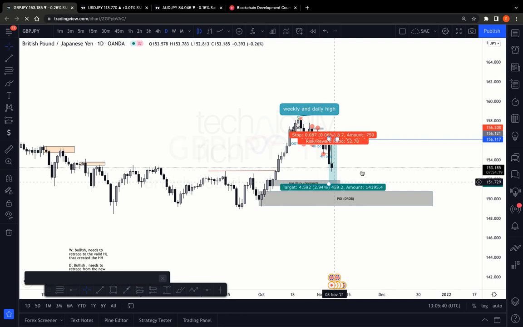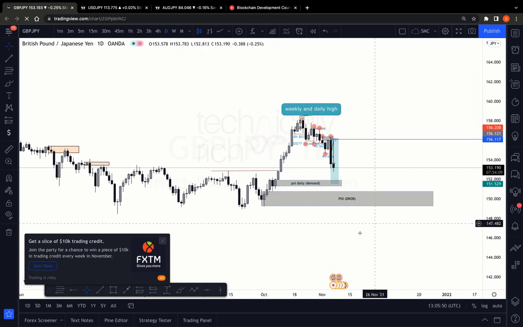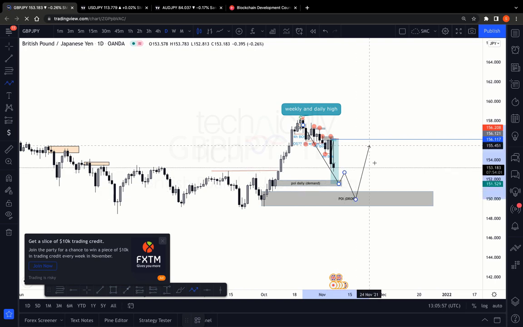Great. So you can choose to retrace to this area before continuing the movement up, right? Because there's a break of structure already here. So we can have this on the daily time frame, maybe here or maybe here, and then they continue the movement up.